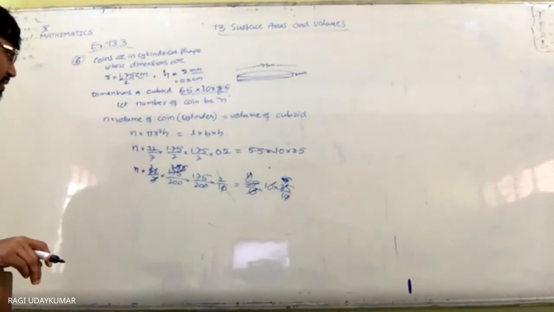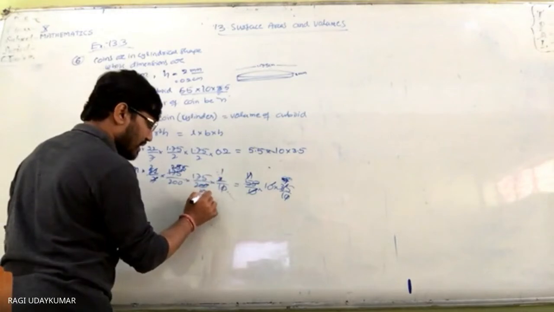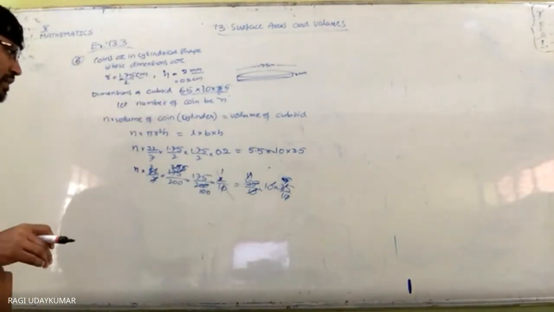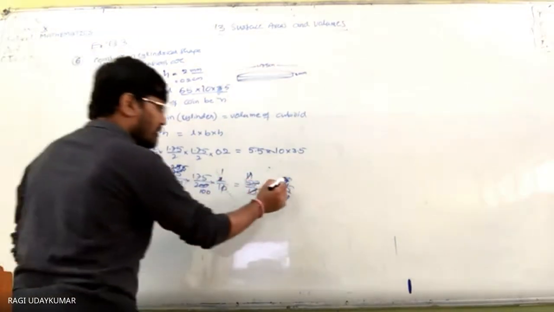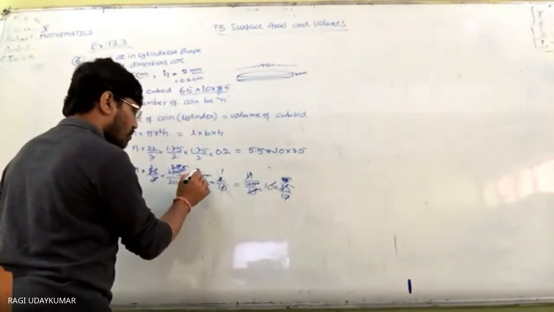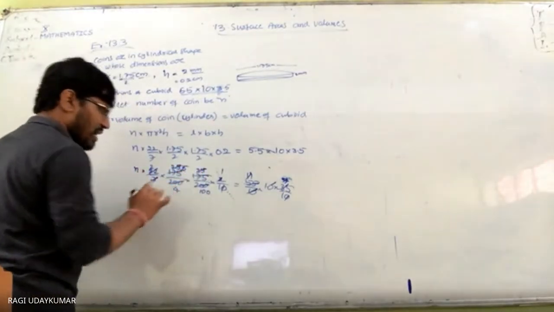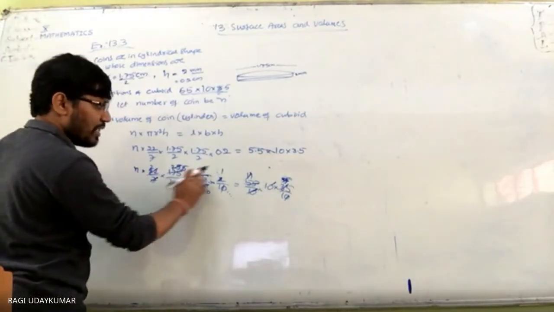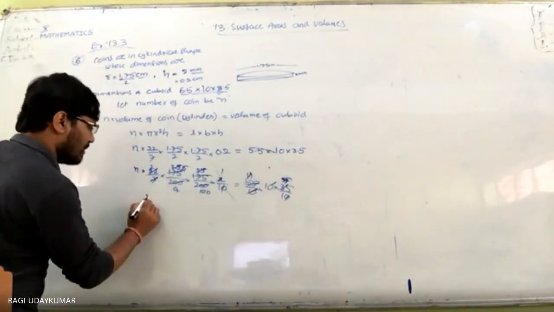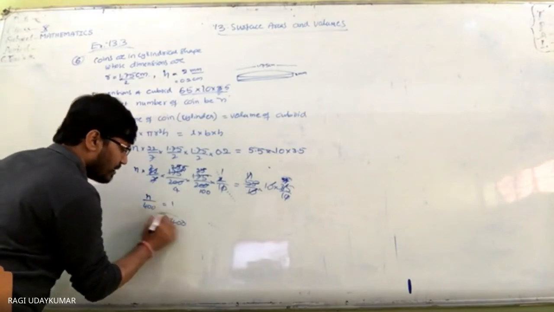Still what is left over? 2 ones are 2, and 175 is there. Again cancel with 7: 7 ones are 7, 25 fours are 100. So 4 and 100 remain in the denominator, everything else is cancelled. So n by 400 is equal to 1, n is equal to 400.